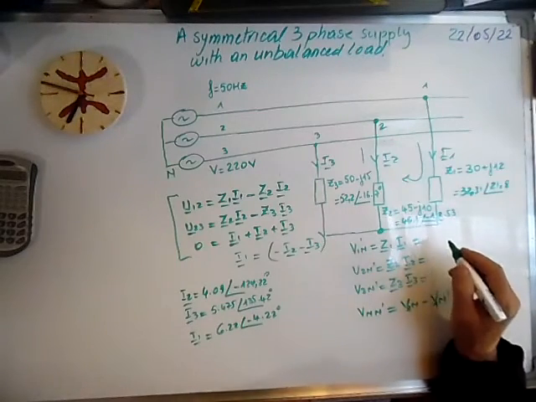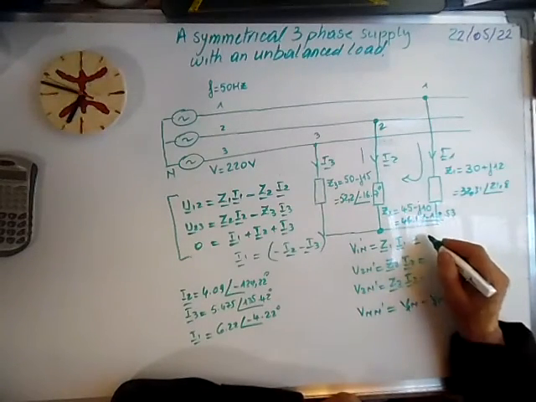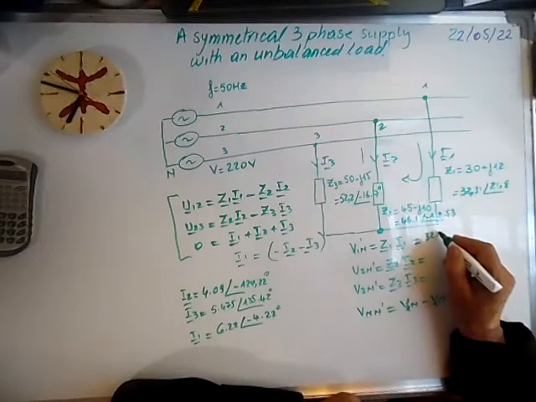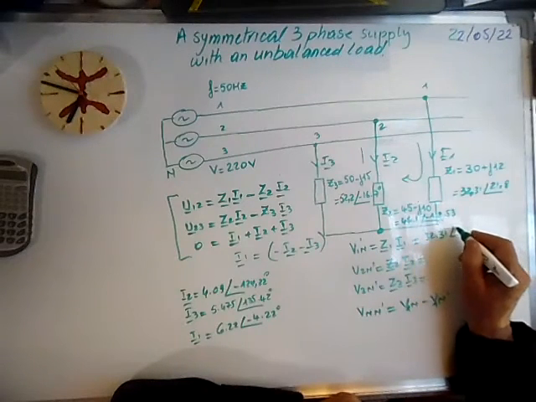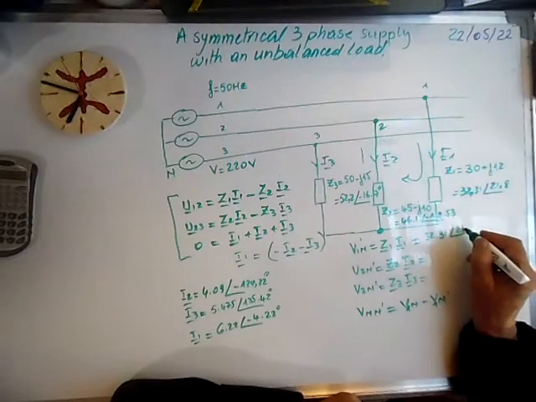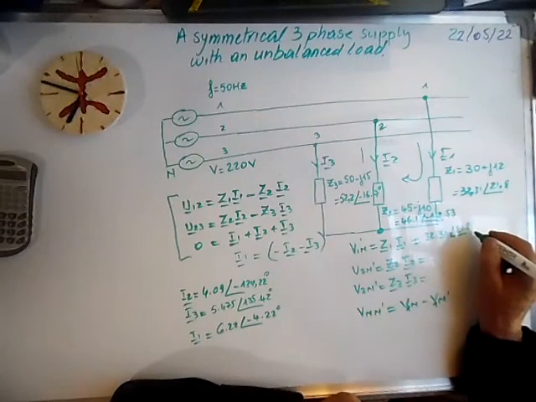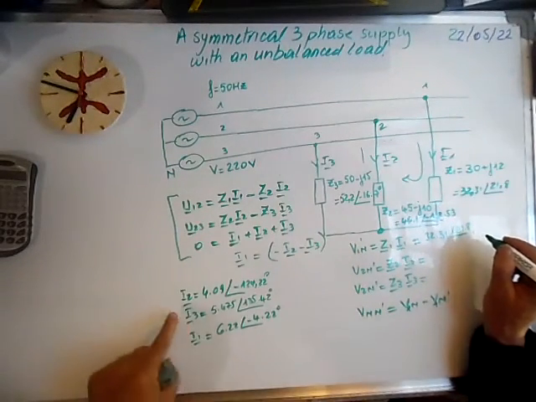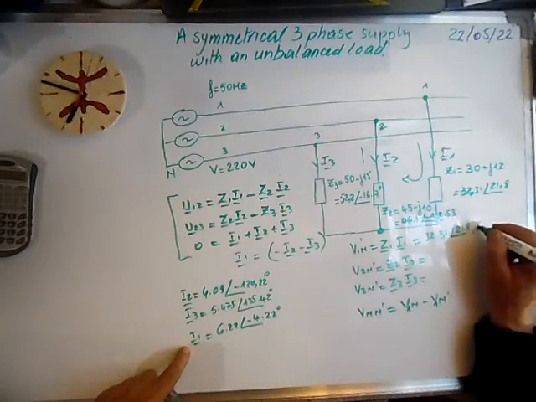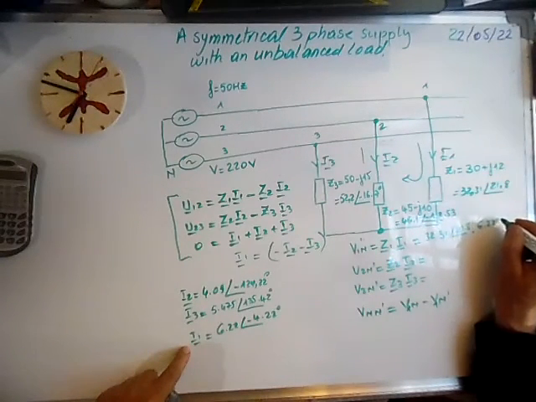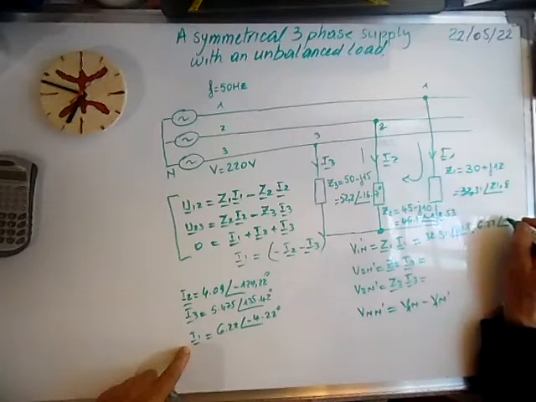Z1 is 32.31 ∠21.8 times I1, which we have calculated here, 6.22 ∠-4.22.